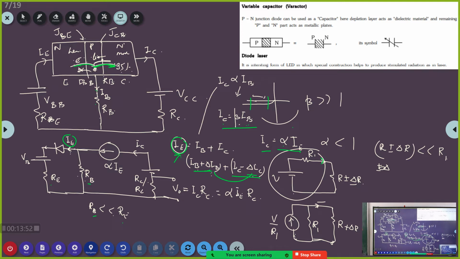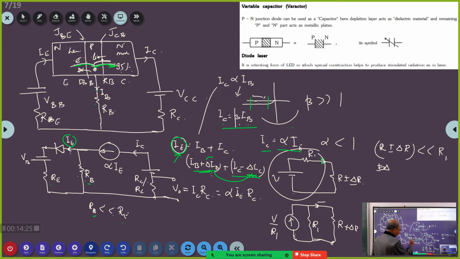Now your doubt is, if delta IB increases, delta IC will decrease by the same quantity, then IE is constant.